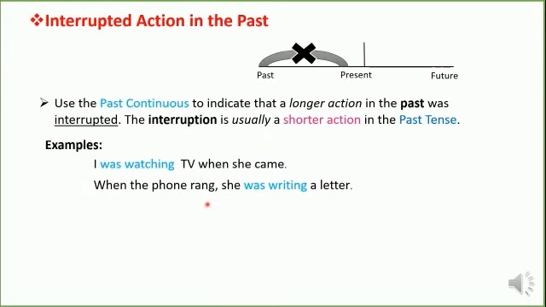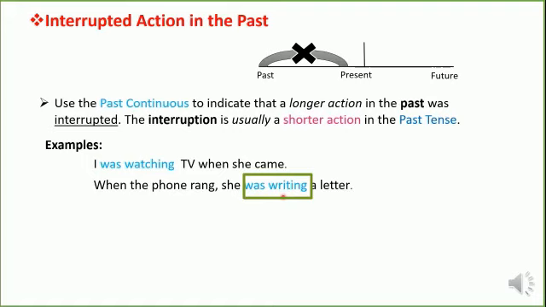When the phone rang, she was writing a letter. Which action happened first? The action of the verb write. So she was writing, in the past, a letter.